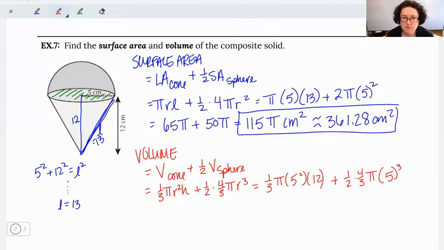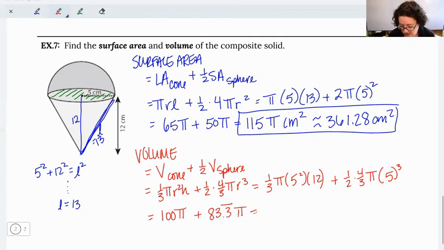All right, again, don't worry about the fractions. Again, if you're using Desmos calculator, type them in exactly the way they look. So type in all of your constants around the pi. Our first one will simplify out to 100 pi. Our second will simplify out to 83.3 repeating, again with the pi at the end.